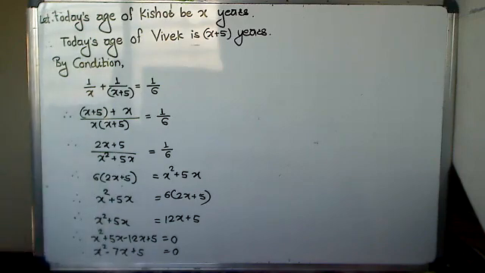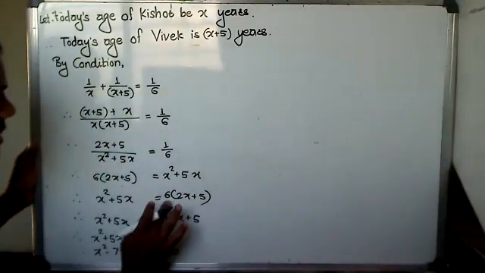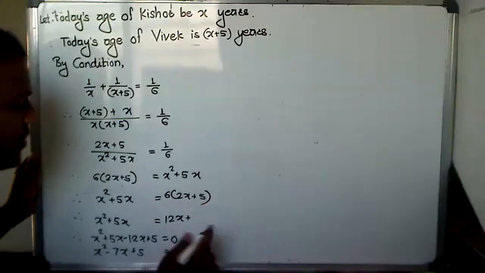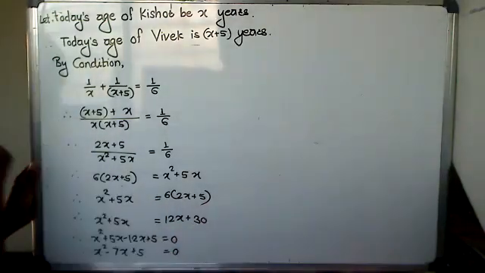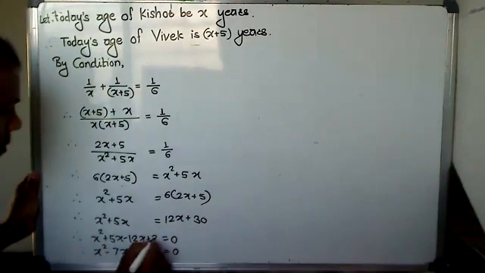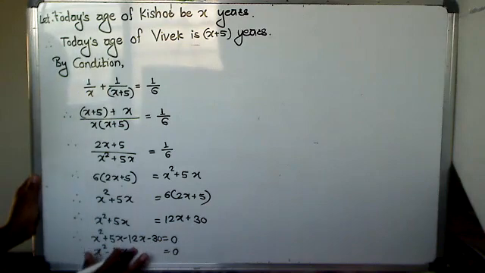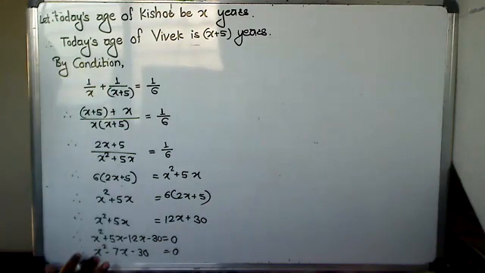Sorry, I made one mistake here. 6 into 12x is right, but 6 into 5 is 30. So this will become minus 30. So x square minus 7x minus 30.